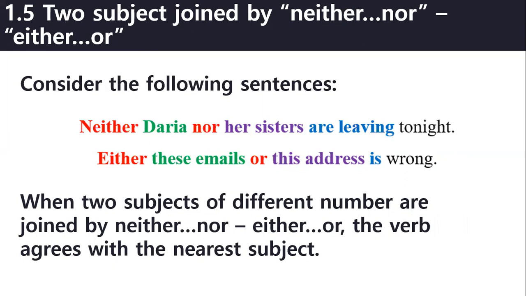When two subjects of different number are joined by neither, nor, either, or, the verb agrees with the nearest subject. So here the nearest subject in the first sentence is her sisters. It is plural, so the verb is plural. In the second case, this address is singular, so the verb is singular.